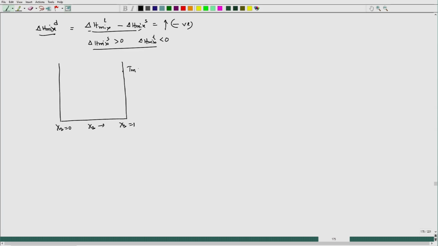Let us say this is T m b, this is T m a. Let us say del H mix solid is plus 15 kilojoule per mole, whereas del H mix liquid is minus 20 kilojoule per mole. Under this circumstance, what could be the situation? The situation would be like this.